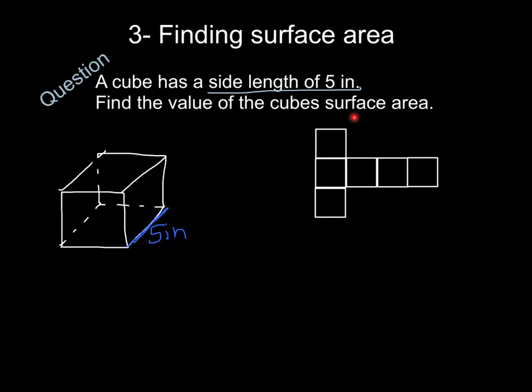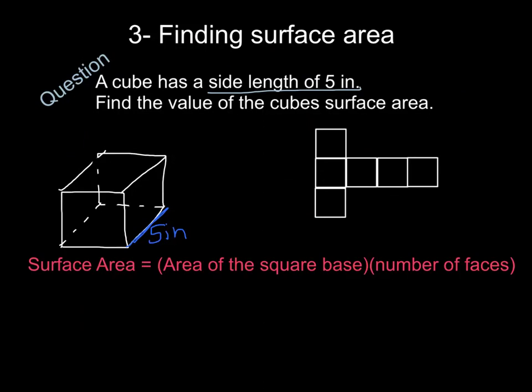And for the surface area, we want to find the area of all 6 together. How we can do that is using this formula. We are going to find our surface area by finding the area of one of the square bases, and then multiplying that by the number of faces.